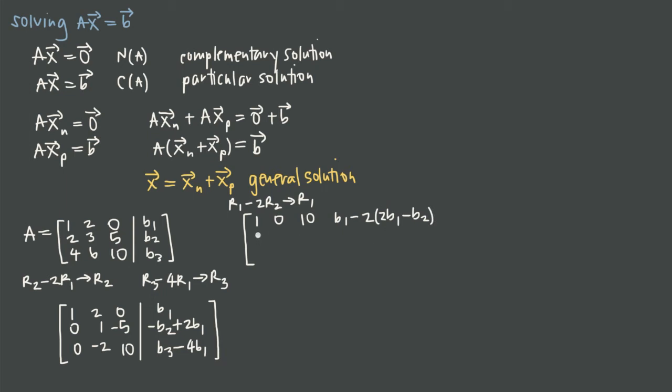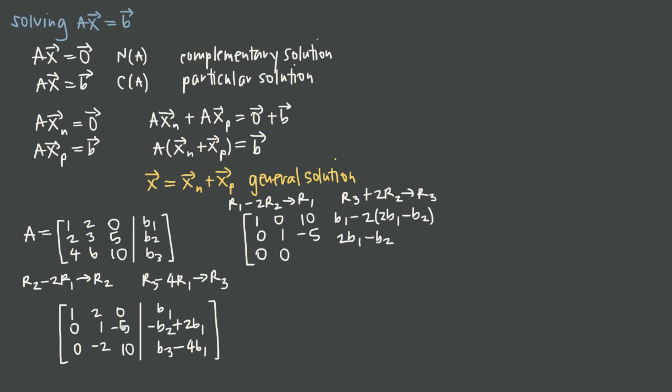Then we'll leave our second row the same, 0, 1, negative 5, and then 2B1 minus B2. And then for the third row, R3 plus 2 times row 2 is going to replace the third row. So 2 of row 2 here gives us a positive 2. Negative 2 plus positive 2 is a 0.